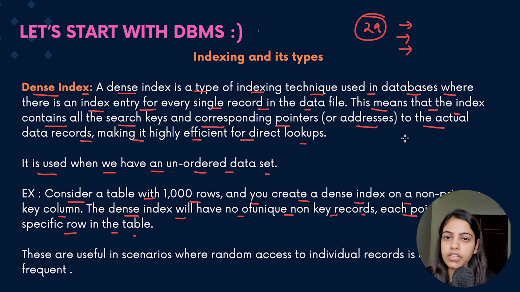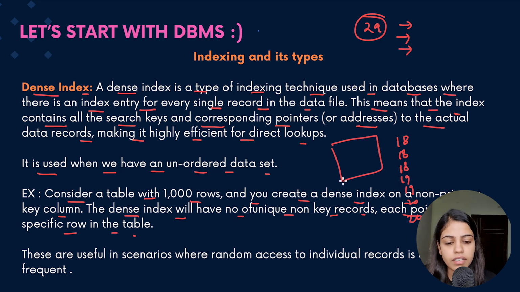Consider that there is a non-key column on which you are providing the dense index, and it has some repetitive values: 18, 18, 18, 19, 19, 20, 20. In the dense index, the number of entries would be equal to the number of unique non-key records. So this is how the entries would be made when there is a duplicate data set.